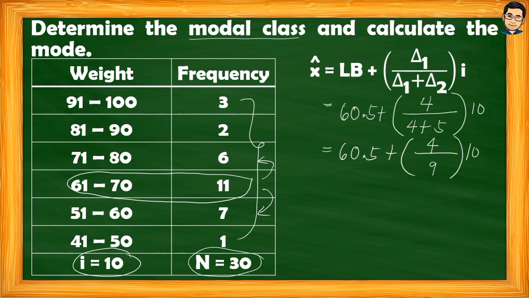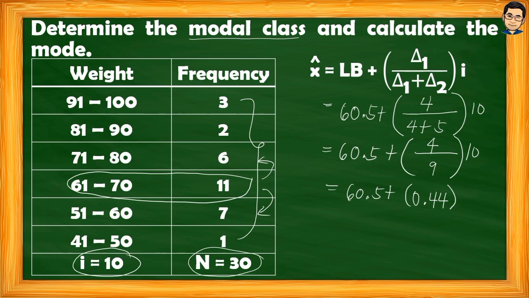60.5 plus 4/9. So, we need to divide 4 by 9. When we divide that, the answer we get is 0.4 repeating. So, our repeating digit is 4. So, approximately 0.44.